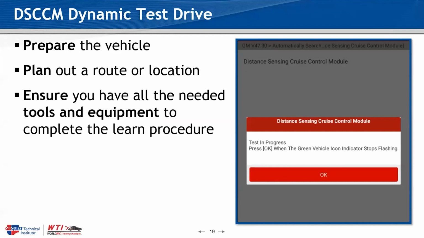And we determined on this one I was going to use an aftermarket scan tool, both to test the ability of the aftermarket scan tool to actually send this command, and see how closely it mimicked the OE SPS prompts, because I had done many of these General Motors dynamic distance sensing cruise control module calibrations before.